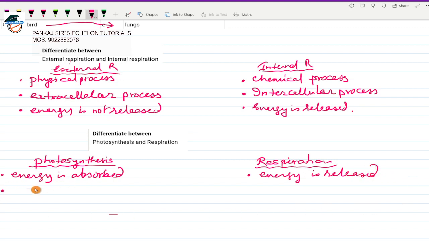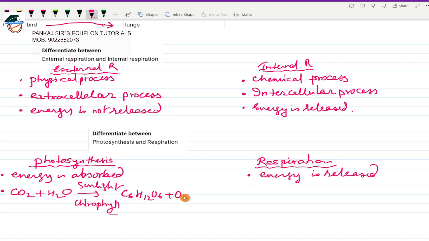Second point is, in photosynthesis, carbon dioxide and water combine together in the presence of sunlight and chlorophyll to give you glucose, that is C6H12O6, and what else will we get?